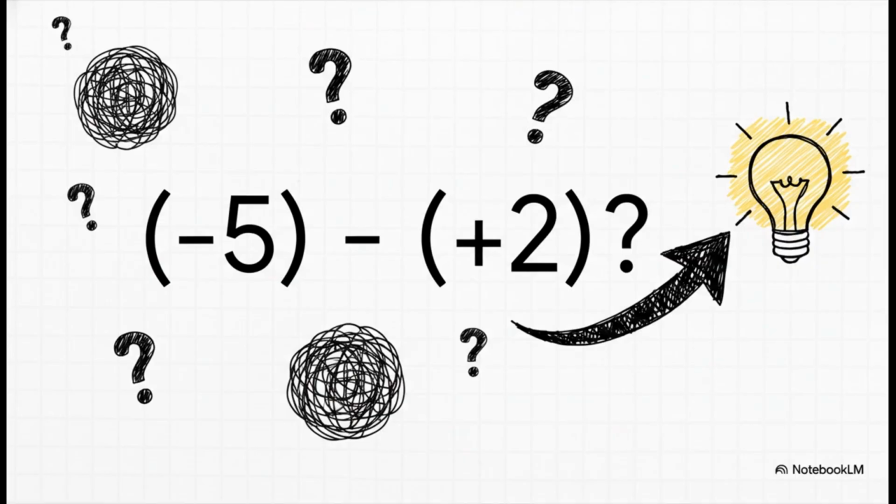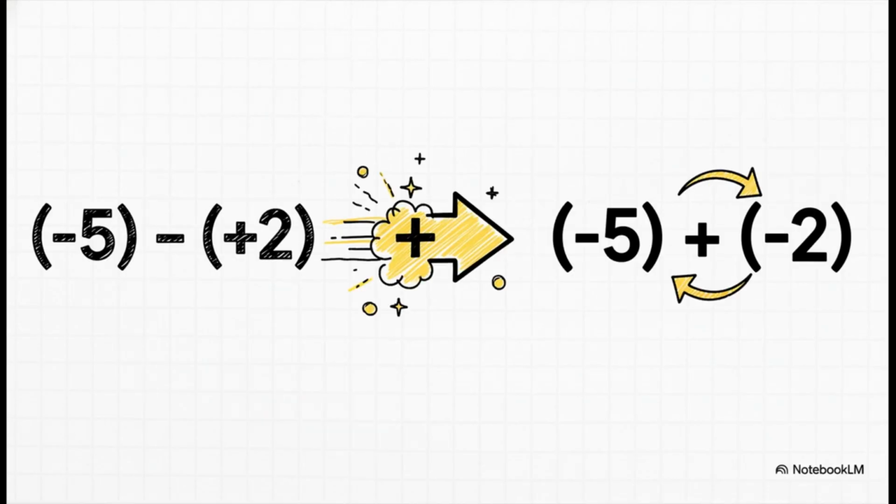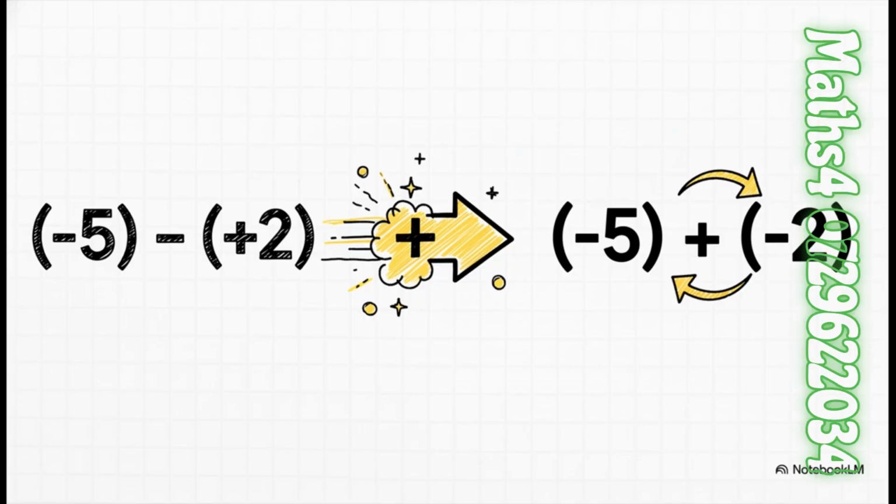Okay, so let's take a problem that might look a little tricky. -5 minus +2. Using our old way of thinking, this is confusing. But using our new secret rule, this is going to be a piece of cake. We just follow the rule. Step 1, change that subtraction sign to an addition sign. Step 2, flip the second number to its opposite.